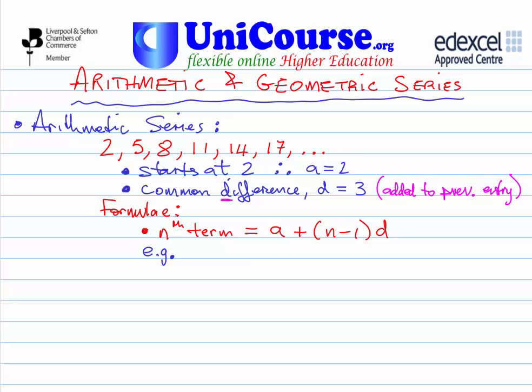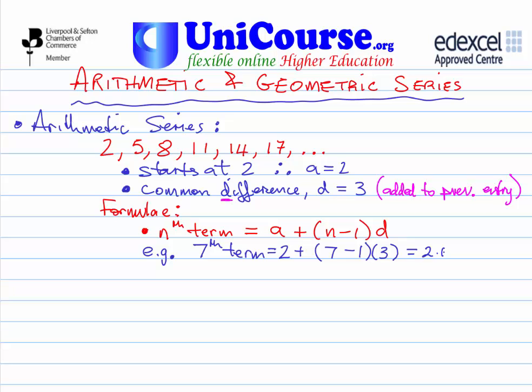So let's have a look at an example. The 7th term. Okay, 1, 2, 3, 4, 5, 6. You've got 6 given. The 7th term, we just use that formula. A, we know, is 2. We put the minus 1 in the brackets there. We know that n is 7. So 7 minus 1 goes there. That whole bracketed term multiplies D, and of course, we know that D is 3.